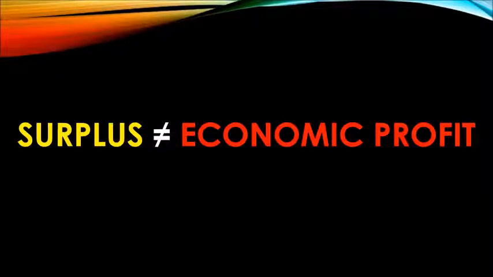Economic profit is not the same thing as producer surplus. Just as a little reminder here, producer surplus is the difference between the total revenue and the total variable cost. We can represent this by showing the area between the price they receive, the firm, and the marginal cost for each unit. Producer surplus is the difference between what you'd be willing to sell at and what you get to sell at.